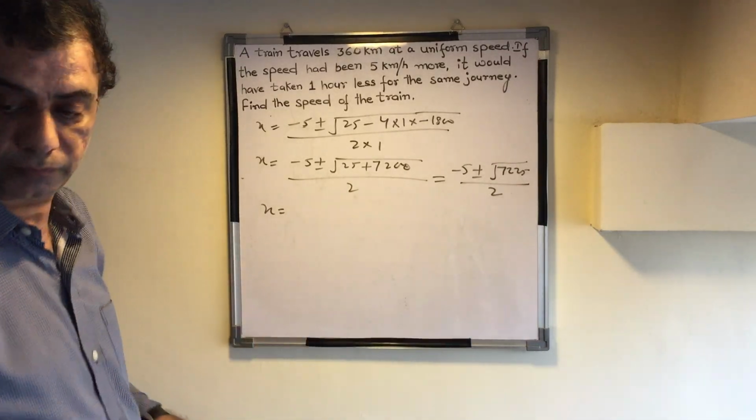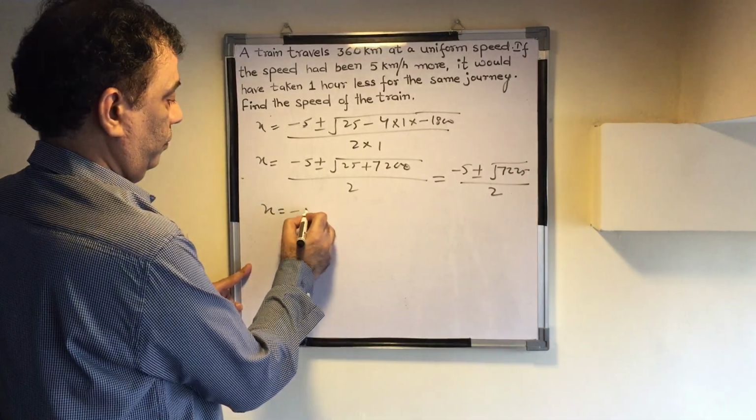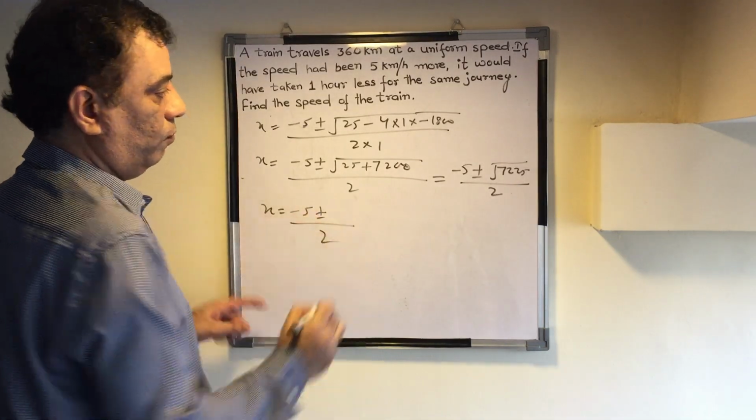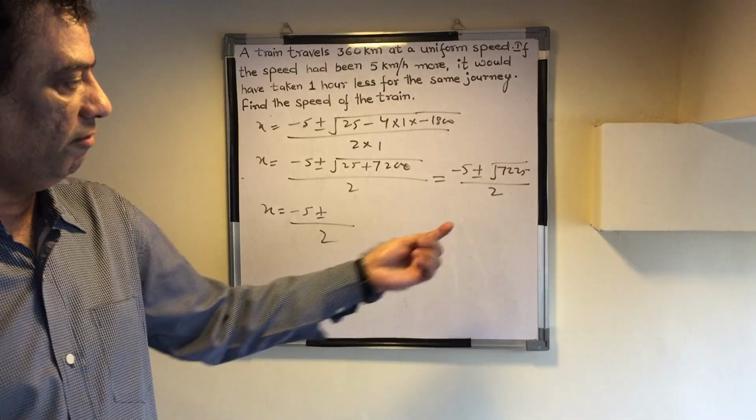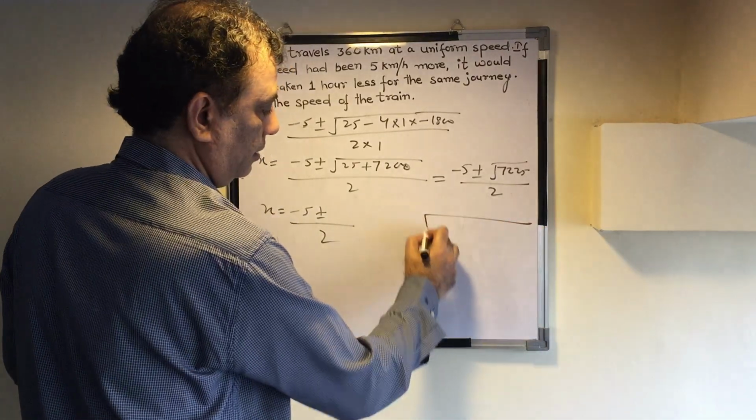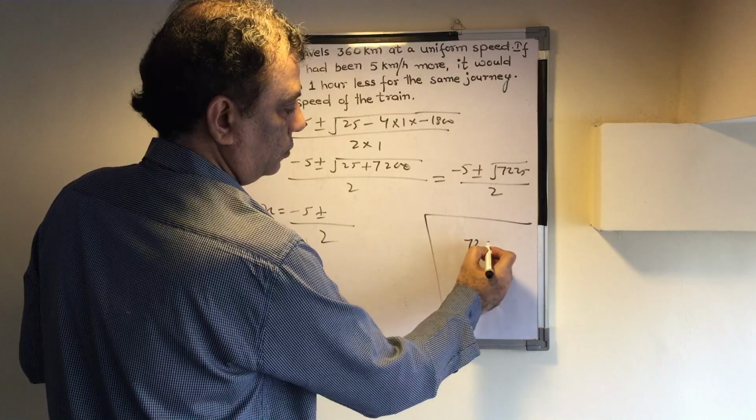Now what is the value of root 7225? We will solve this using the square root method.